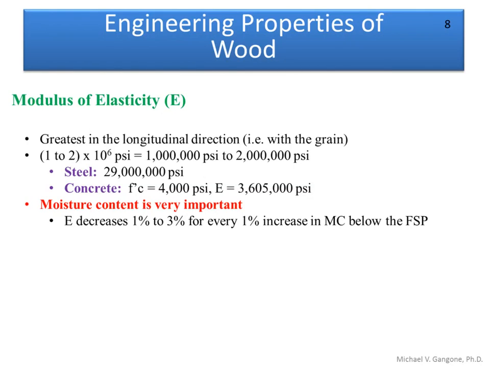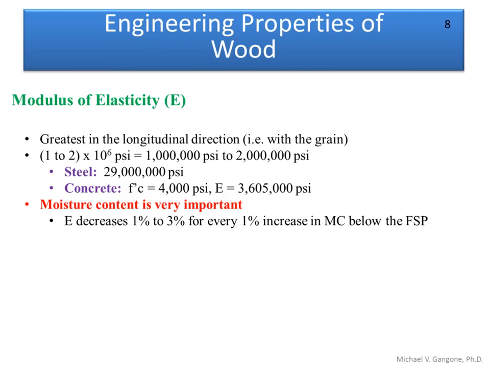Another thing to keep in mind is that moisture content is very important. The elastic modulus will decrease as the moisture content level increases. So the E value will drop whenever the moisture content goes up, provided that the moisture content is below the fiber saturation point.